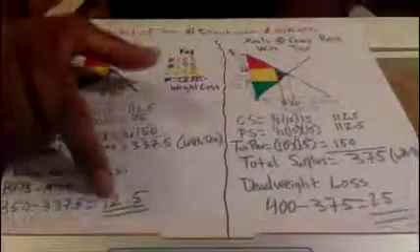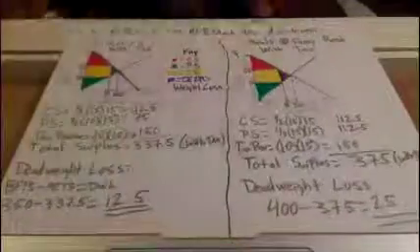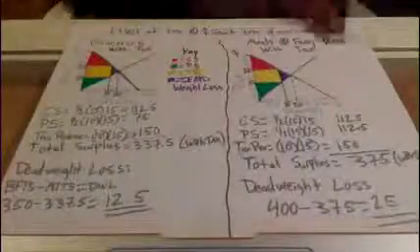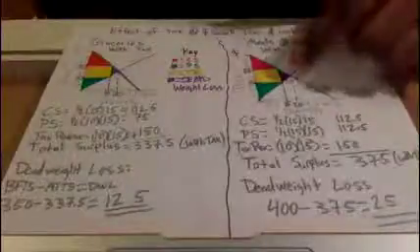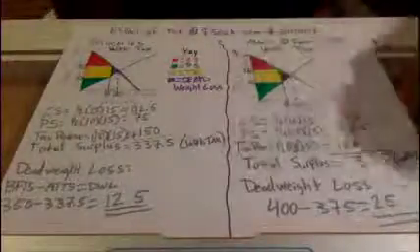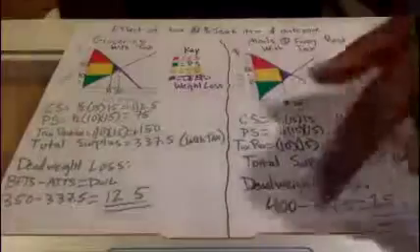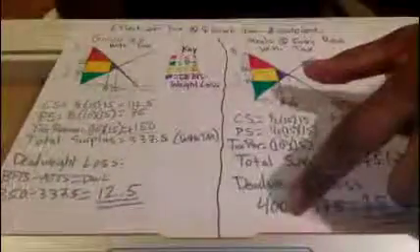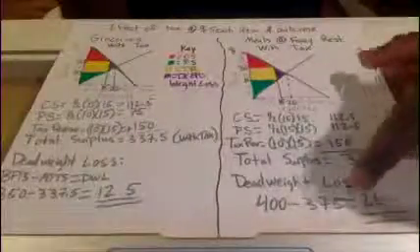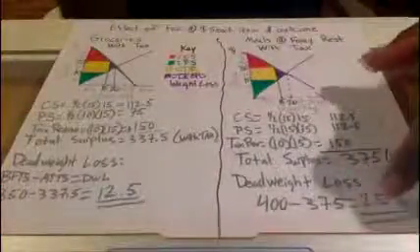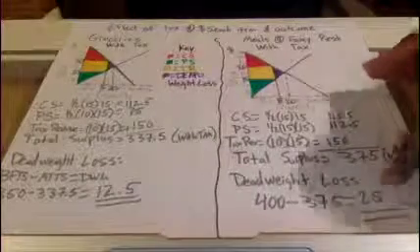So that's sitting at 12.5. Now we're going to go over to meals at fancy restaurant. It's the same way to calculate the totals, but remember before, the total surplus was 400, and now we're sitting at 375, which yields a deadweight loss of 25.